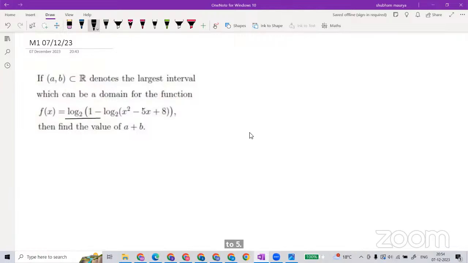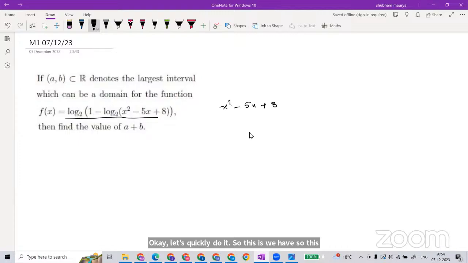Okay, let's quickly do it. We have log base 2 of x square minus 5x plus 8, so the first thing is this should be greater than 0. If it is greater than 0, then we need to add 5 so that we get minus 5.